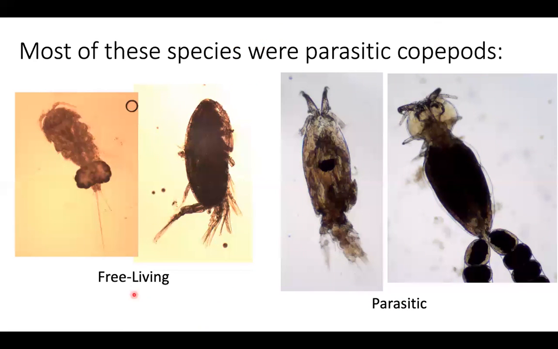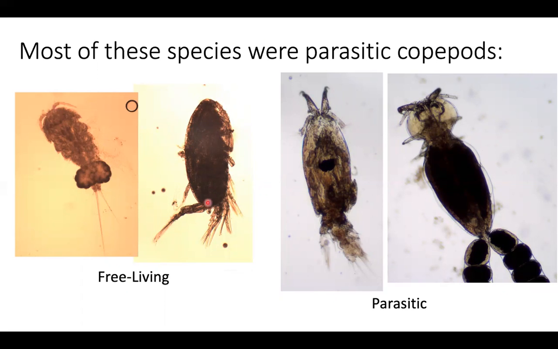So on the left here, these photos are of, and these are not scaled, so don't try to compare sizes, but on the left here are free living copepods, and on the right are just 2 examples of parasitic copepods. And you can see that the parasitic ones have these hook-like raptorial appendages that they use to latch onto the host. So most of these were actually all of them were ectoparasites, often on the gills or the fins.